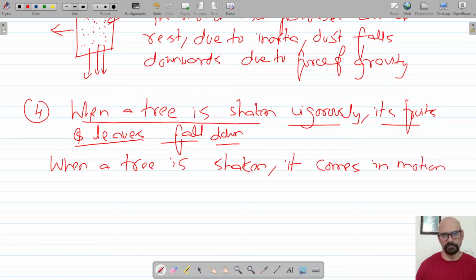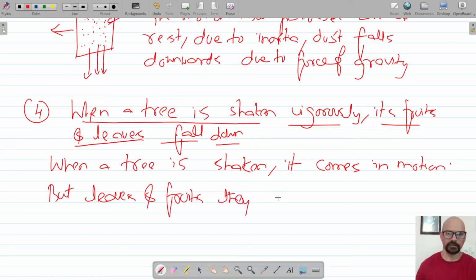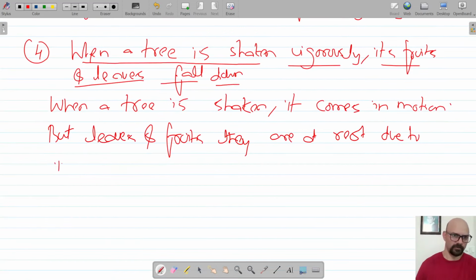And when the tree comes in motion, but still the fruits and leaves remain at rest due to inertia. So this is how you have to write an answer for this.